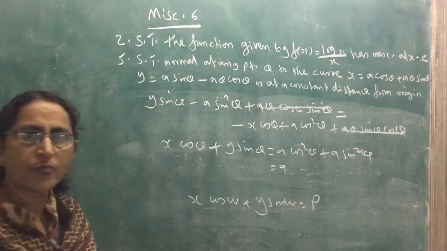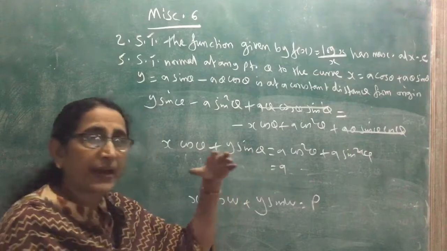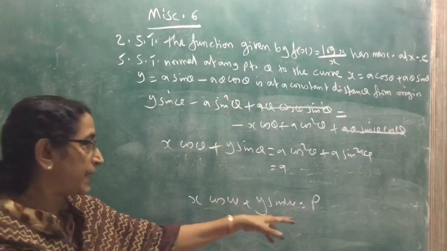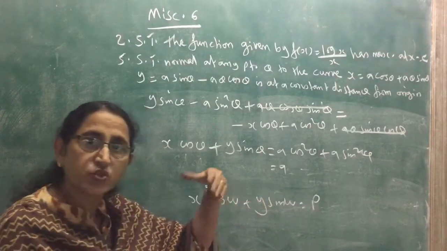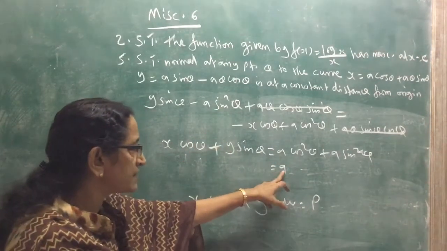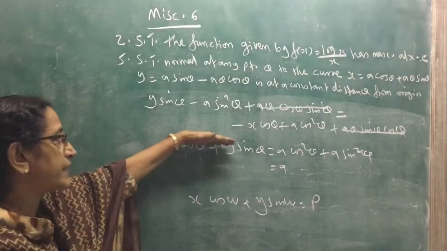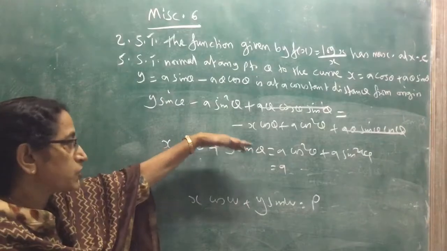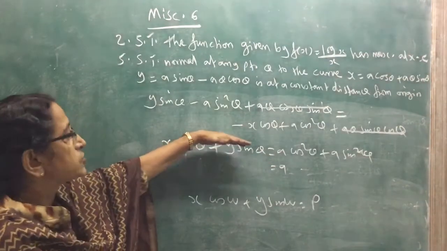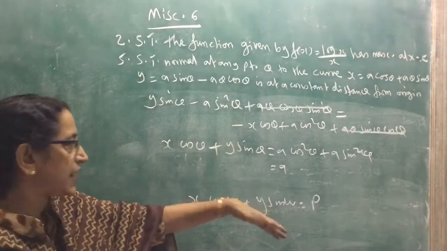In this formula, p denotes the perpendicular distance from the origin to the line. So in this equation of normal, a represents the perpendicular distance from the origin to the normal. So a is a constant, independent of theta.